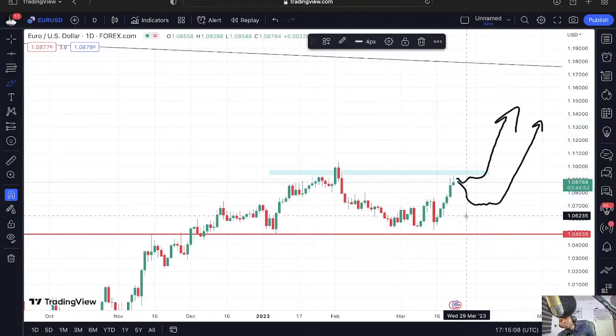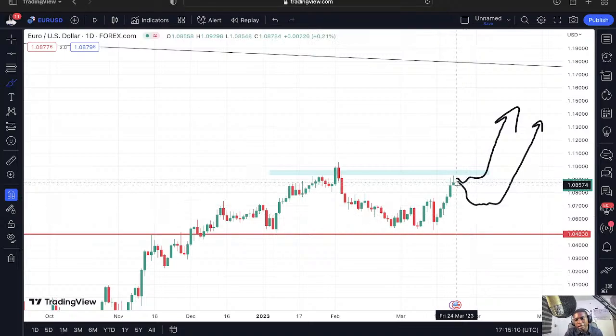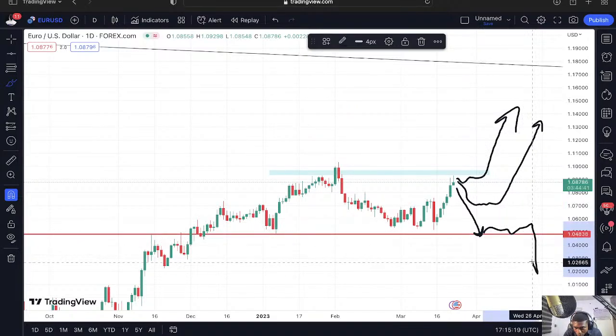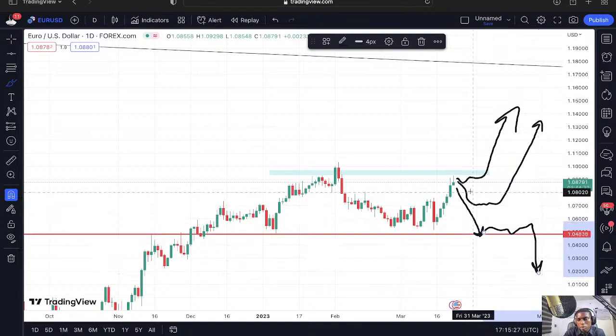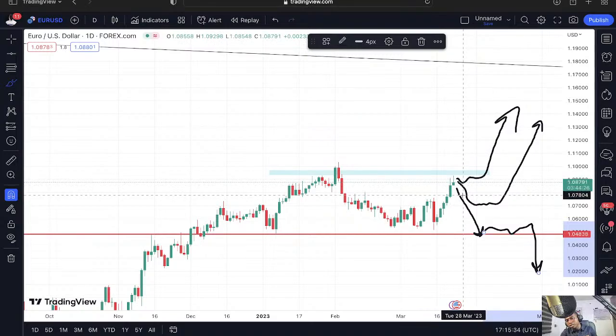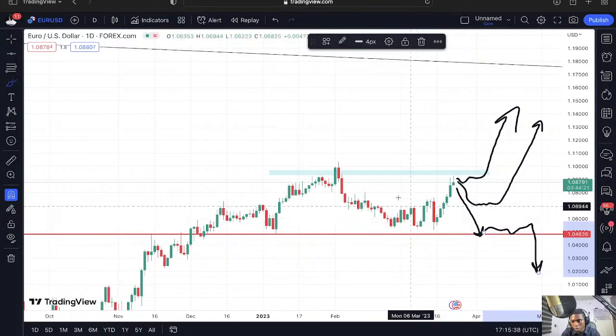Another scenario, all things being equal, is that it might even come down here, rally a bit, and still come down. That's if all things are equal. So all things being equal, this is what we might see, 1, 2. But all things not being equal, we might see it go down and then fall further.